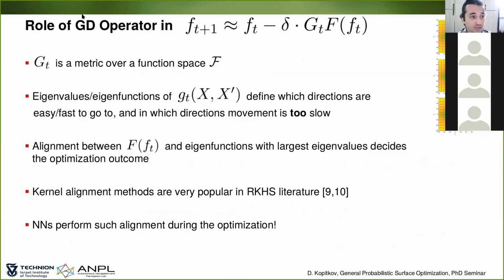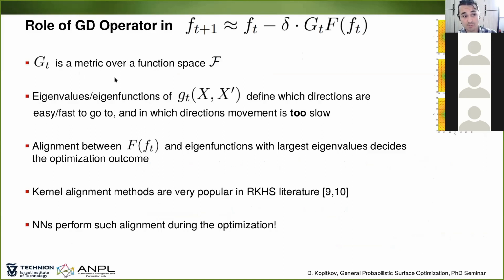Other observations over the role of the gradient operator in these dynamics are the following. Here are some insights that you can see also in other papers. I'm not claiming that I'm discovering all of these insights, but I also saw it in my work, and we will require it for the final part of the presentation.